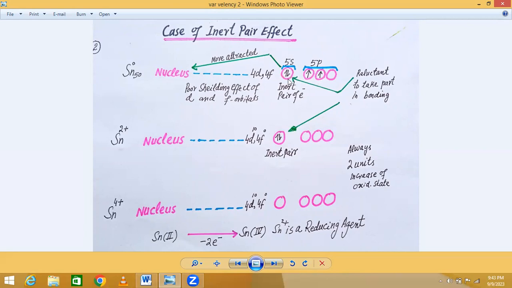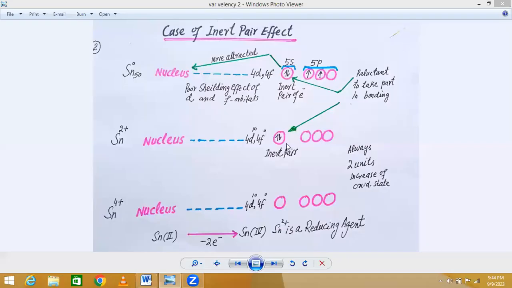So this 5s is near to the nucleus due to the poor shielding effect of 4d and 4f. So the 2 electrons in the 5s show the inert pair effect because they are near to the nucleus due to the poor shielding effect of d and f orbitals.